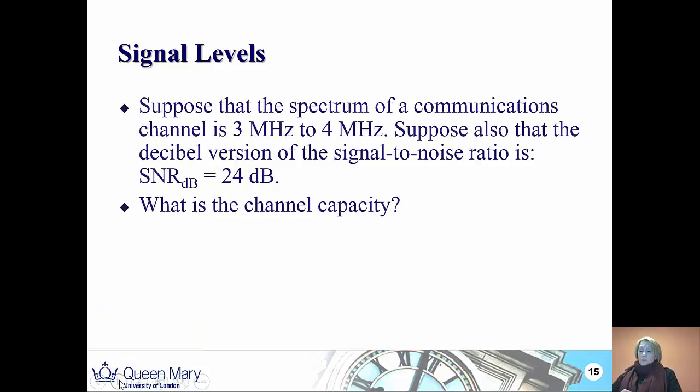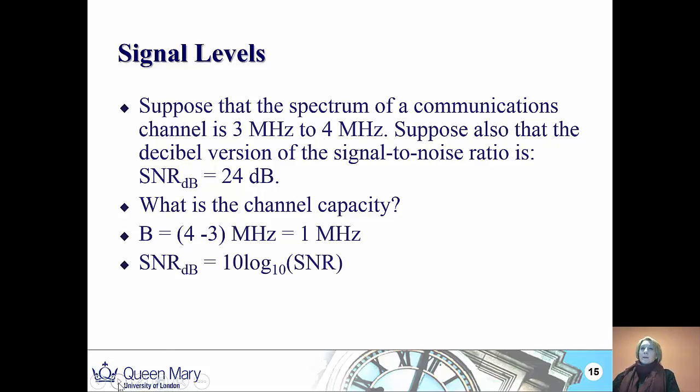Okay, so using that information, we want to calculate the channel capacity overall. So we take into account our signal to noise ratio, so therefore we know that we need to use Shannon's theory. Our bandwidth is measured in terms of the spectrum of the communications channel between 3 MHz and 4 MHz, which results in 1 MHz.